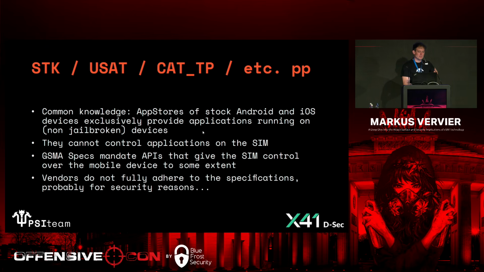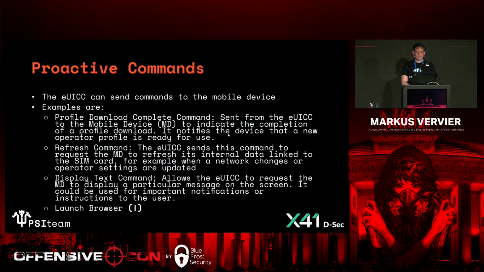However, the SIM card applications are not really under their control, so it only depends on what APIs they implement. The GSMA specs mandate APIs that have really extensive control over the mobile device. The vendors don't implement all of them, for good reason. Like, I think on iOS you cannot just open the browser, whereas in other systems apparently you can from the SIM card.